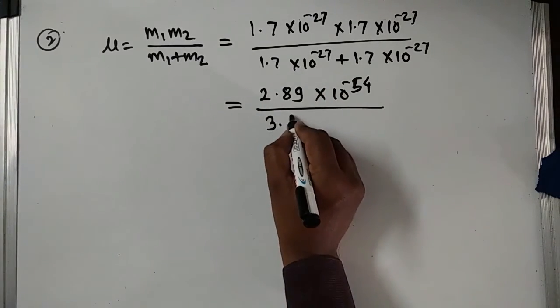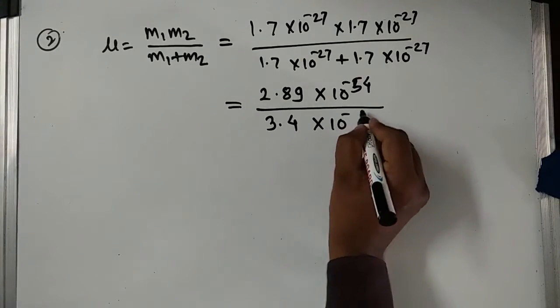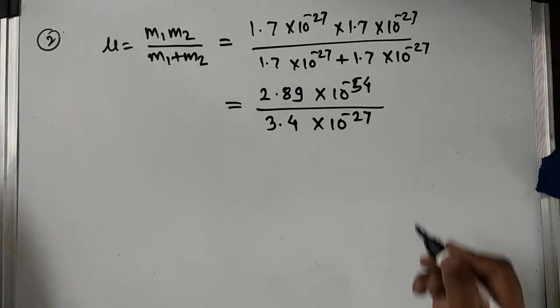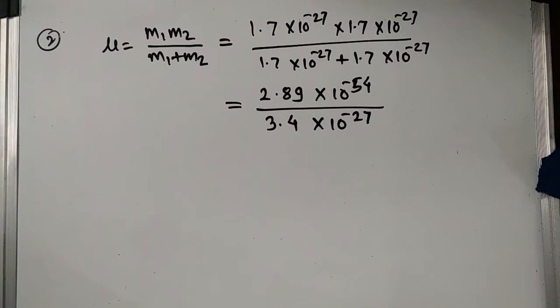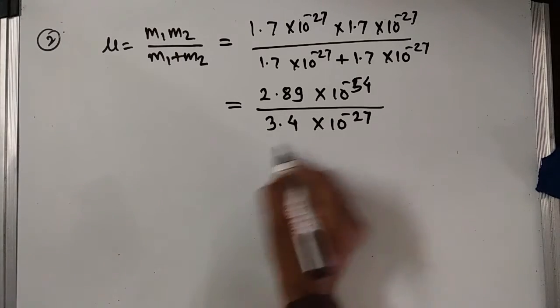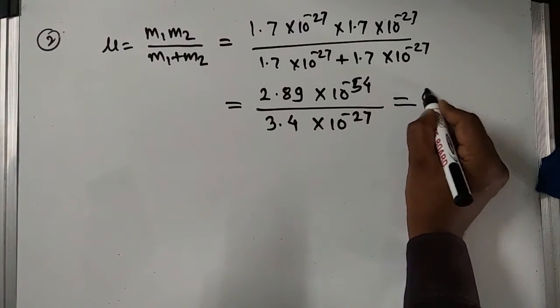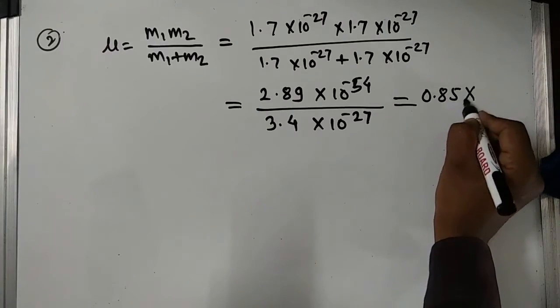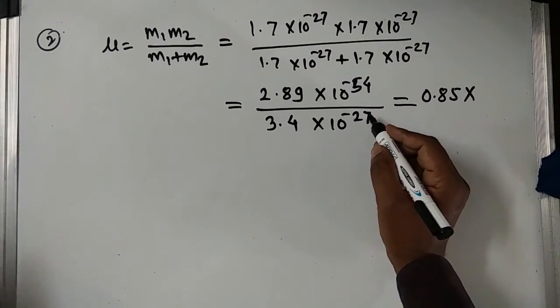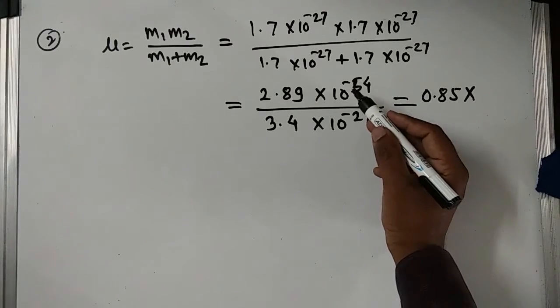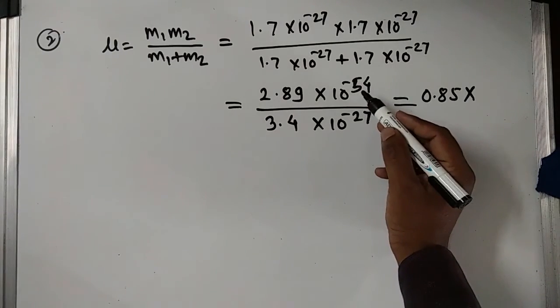So it is 3.4 into 10 raised to minus 27, and if we calculate, the number comes out to be 0.85 into, so this minus 27 will go up, it will become 10 raised to plus 27.